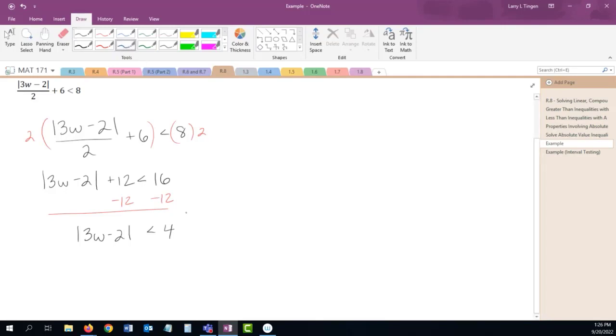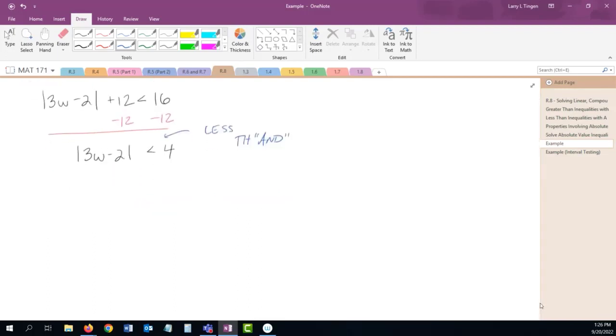So what am I looking at? This is the less than, right? So if it's a less than, it means whatever's inside the absolute value is bounded or trapped between whatever it's less than and greater than the opposite sign of the right-hand side.